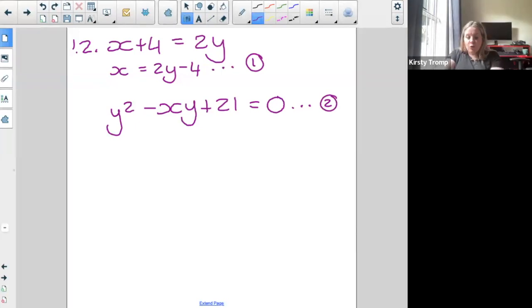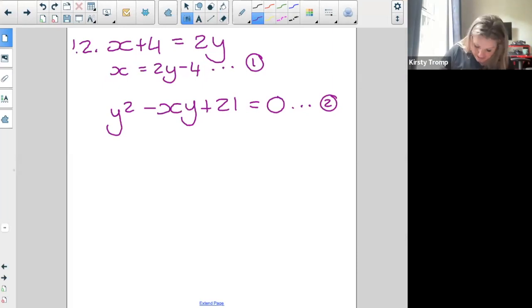So always try to pick the equation that's much easier to isolate the variable in. The one that's always easier to isolate the variable is where you don't have any squares. You can do it where you've got a squared, but my goodness, you're going to get yourself all knotted up.